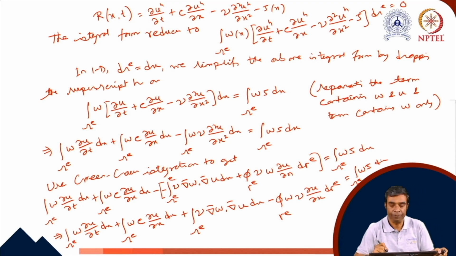In one dimension, del u del n is taken as del u del x in the x direction. So this equation can be further simplified.